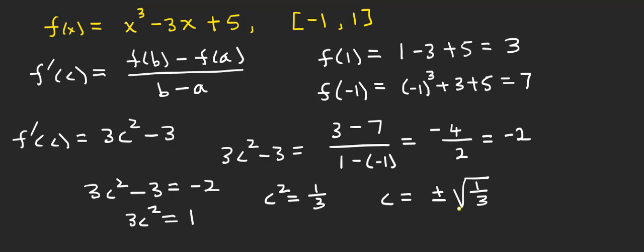So therefore, in this case, we have two c's such that f prime of c will equal the rate of change from A to B. Now again, you might want to graph this and see what happens when c is equal to positive or negative radical 1 over 3, and see if the tangent line at those two points on this curve is parallel to the average rate of change of A and B.